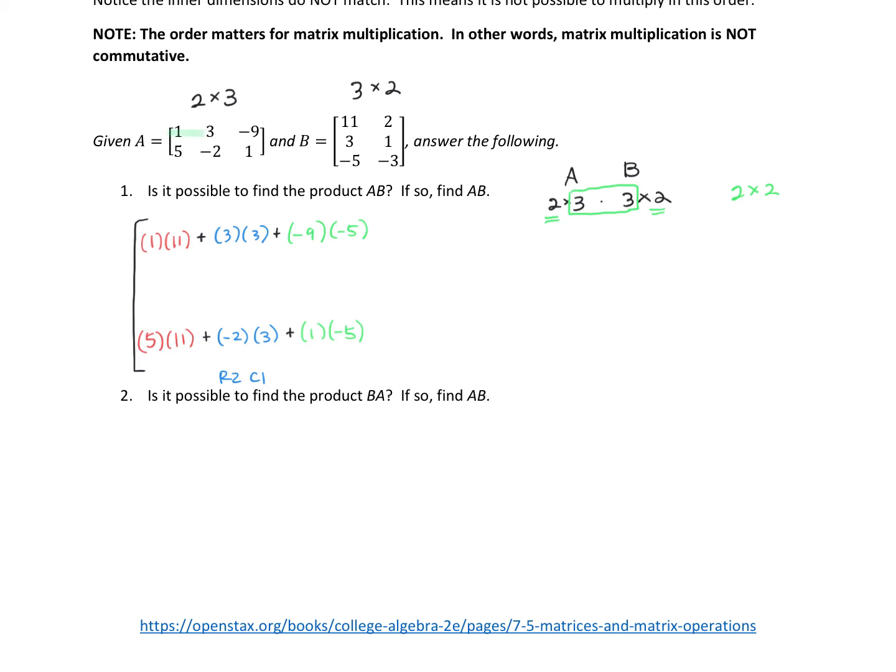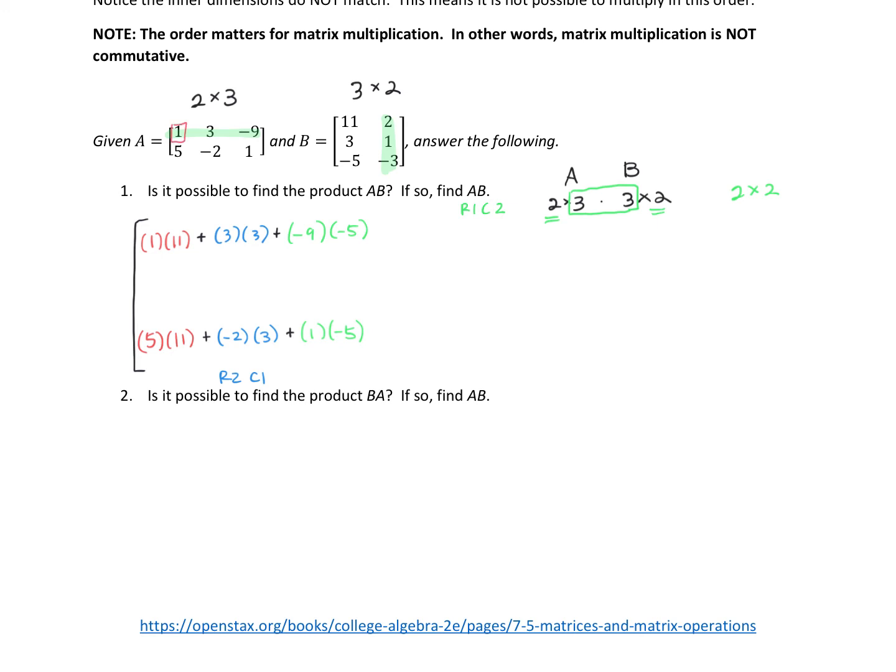Notice that's row 1, column 2. So if I go to row 1 and column 2 in my new matrix, that's where I'm going to put it. Whatever row and column you're multiplying, that's where the element is going to go. Okay? So let's look and see what we have.